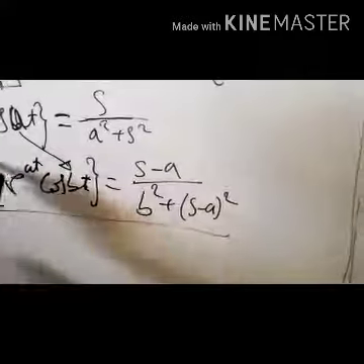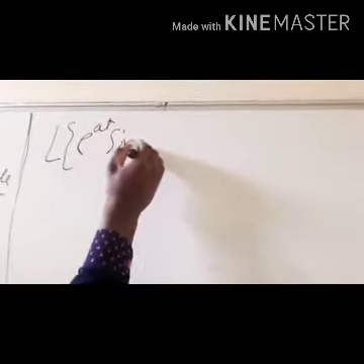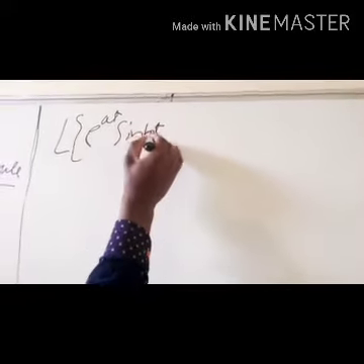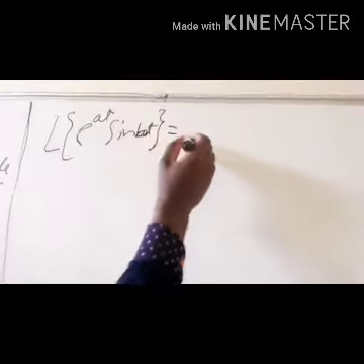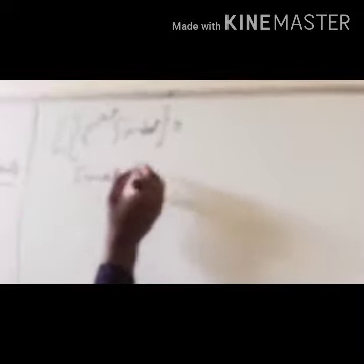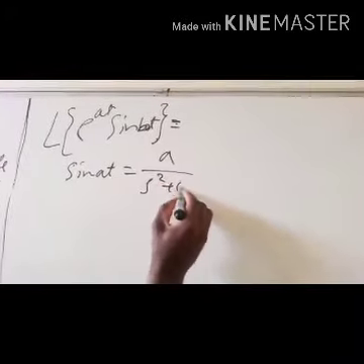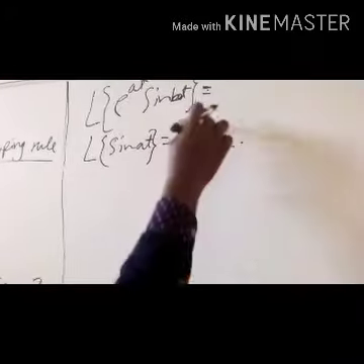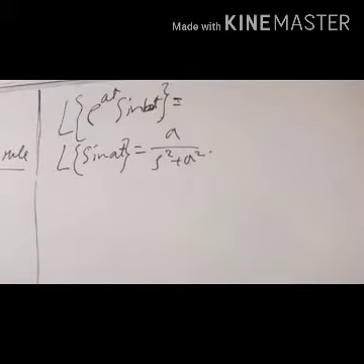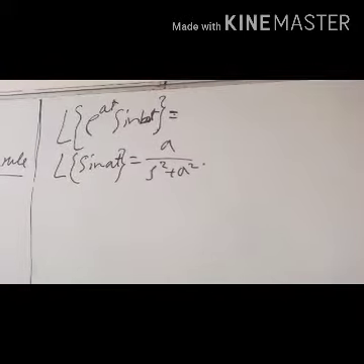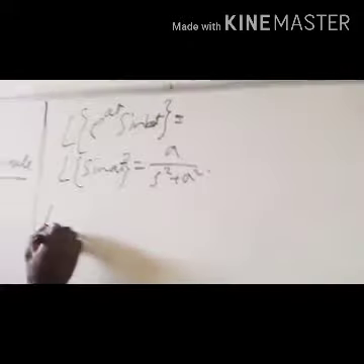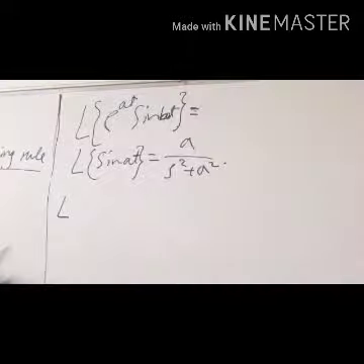This is the solution. How do we transform e^(at) sine of bt? We know that the transform of sine of at is equal to a over s² plus a².